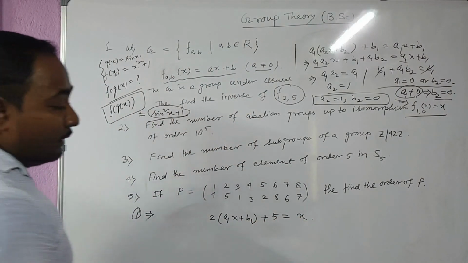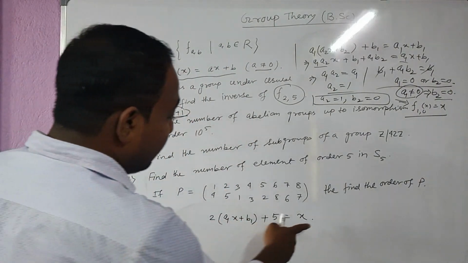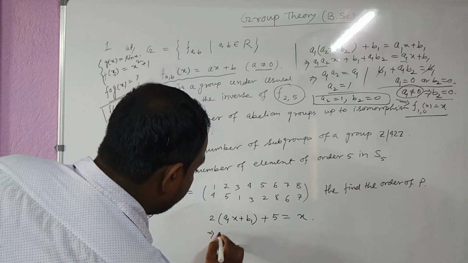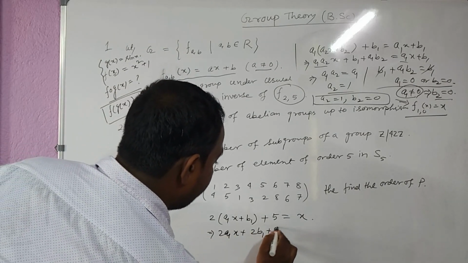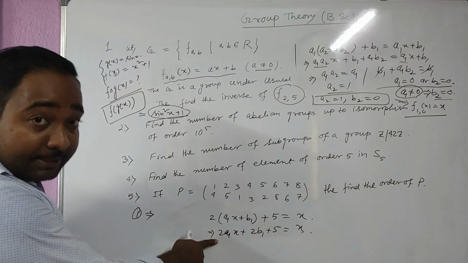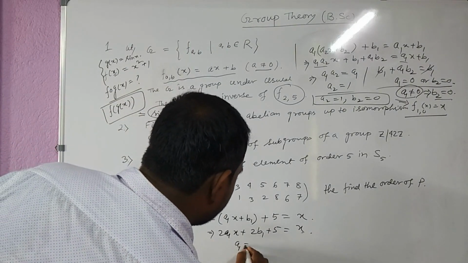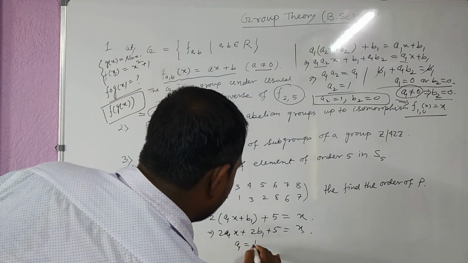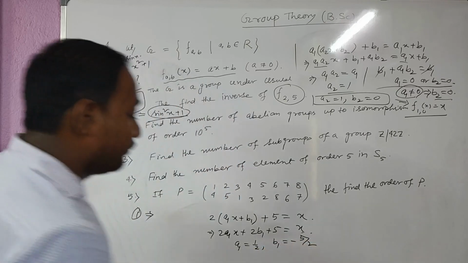This is the definition: a a' equals e, which I have already said. So from here, 2a1x plus 5a1 plus b1 equals x. This is obviously an identity. Now comparing both sides, we will have a1 equals 1 by 2 and b1 equals minus 5 by 2.